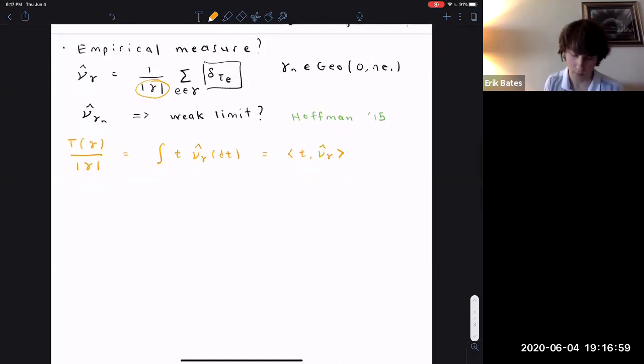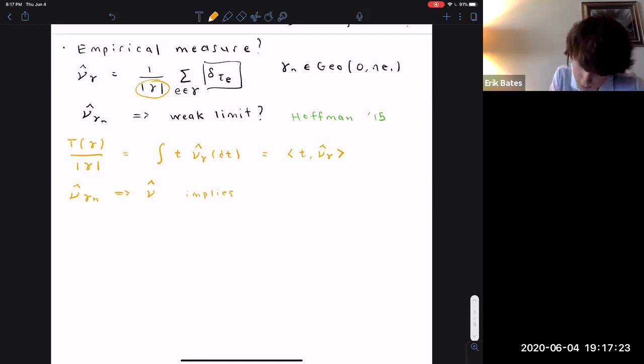Okay. And so to expand what this formula does for us? Well, it shows us that, let's say that I had a positive answer to this empirical measure question. So let's say that nu hat gamma n did have some weak limit, which we'll call nu hat, which is deterministic. Well, what would this imply?